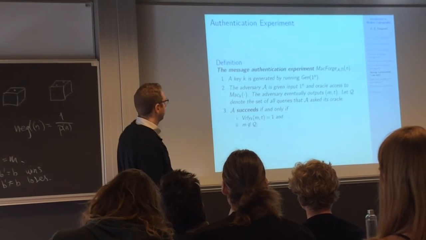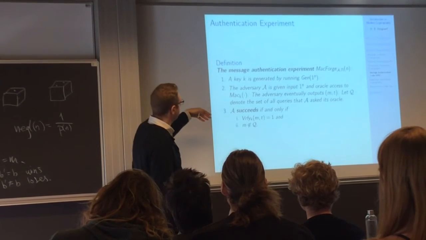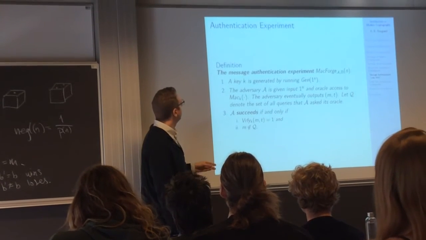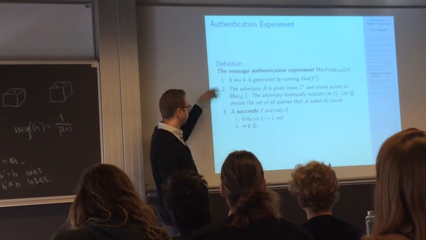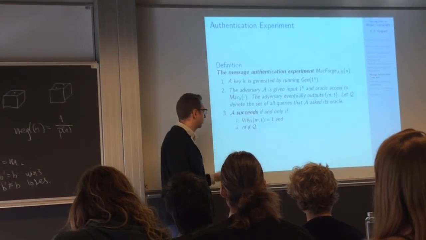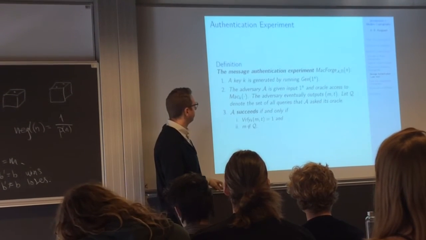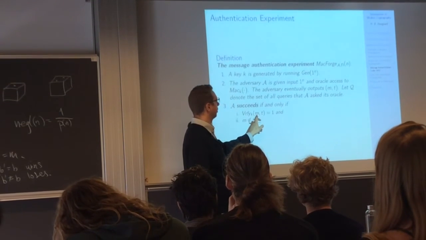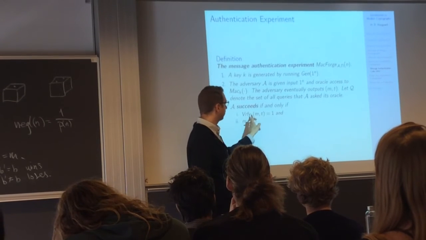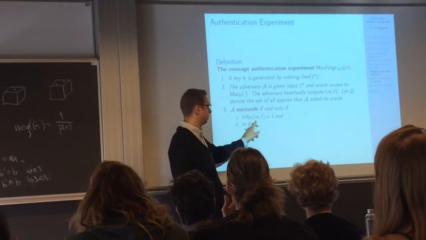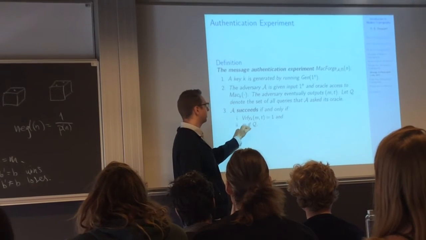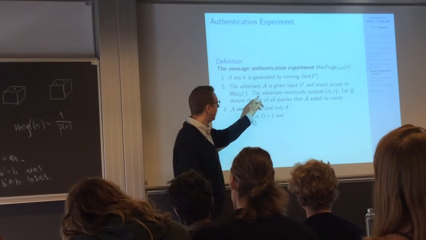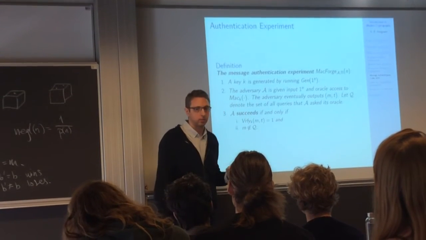So we also have an experiment, this unforgeability experiment, the MacForge. It basically runs slightly like the encryption-decryption experiment. It succeeds only if the adversary is able to produce a message and a tag such that the verification algorithm accepts, with a message that it hasn't already asked before. Because here's the thing, A has oracle access to the Mac.